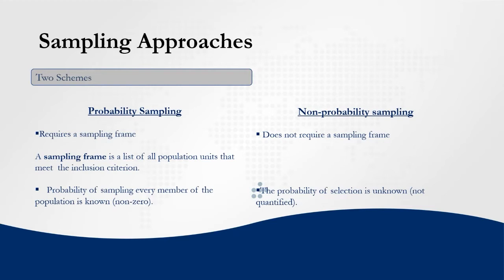Because I have a comprehensive list, I know when I select one, I'm selecting one out of 20. So each house will have a 1 out of 20 probability of selection.